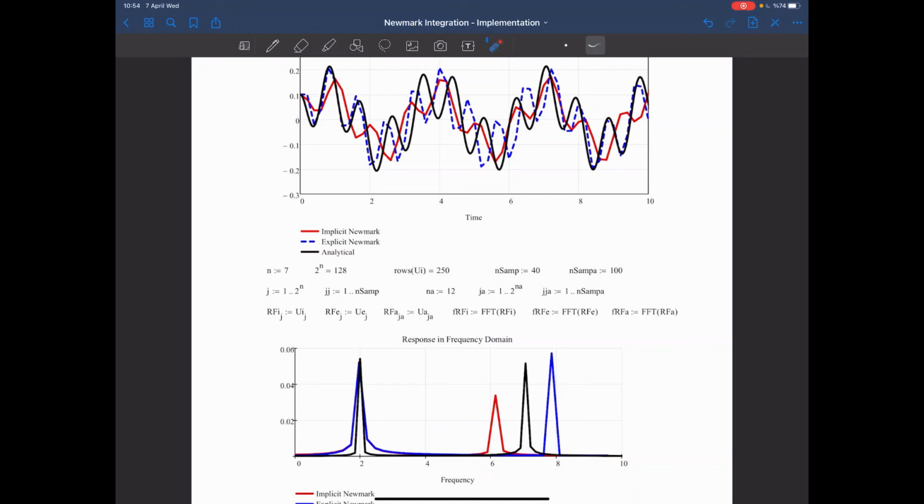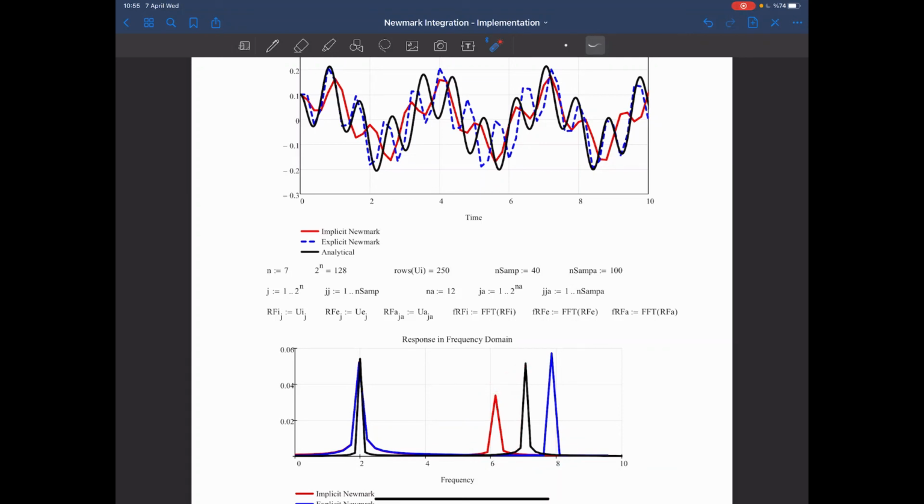Now we see something interesting here. Remember that we use a large time step for this problem, and when we look at the implicit results, the frequency is shifted, is decreased. Okay, it affected the natural frequency of the system. Now we see a smaller natural frequency, and the amplitude also decreased.